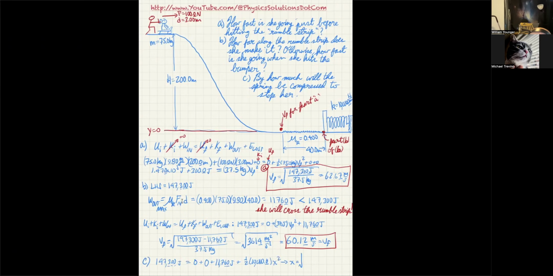And in this case, we're going to say 147,300 minus, and actually I'll put all this in parentheses, minus 11,760 divided by 5,000, and that gives me 27.11, and that's meters squared.